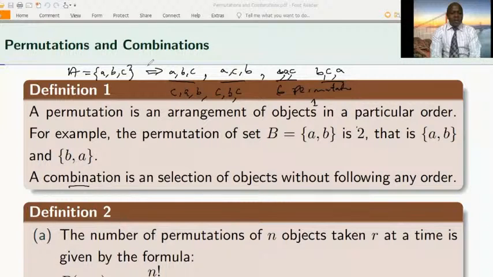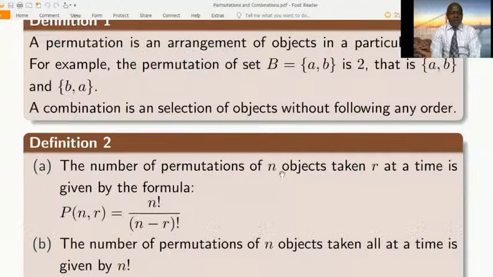In my definition 2, I've given the formula. I've said that the number of permutations of n objects, if I'm taking r at a time, when I'm given n objects and asked to arrange r at a time, will be given by n factorial divided by n minus r factorial.